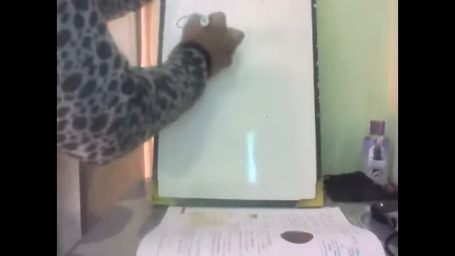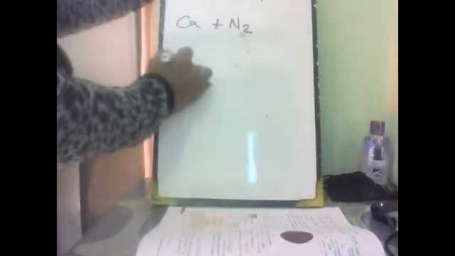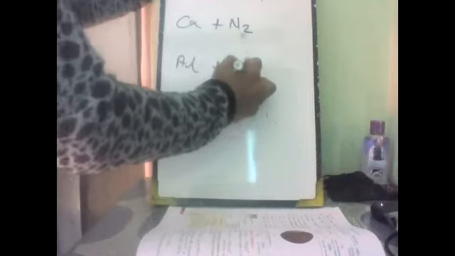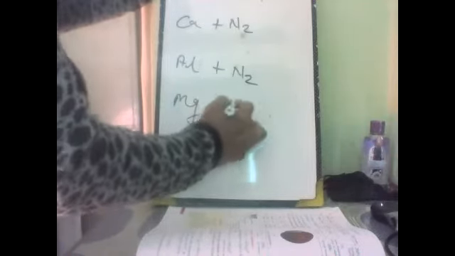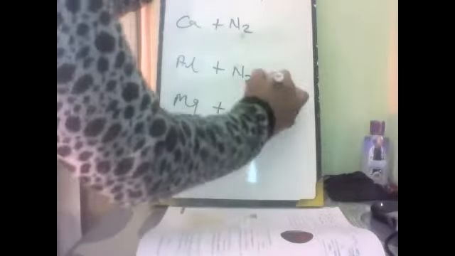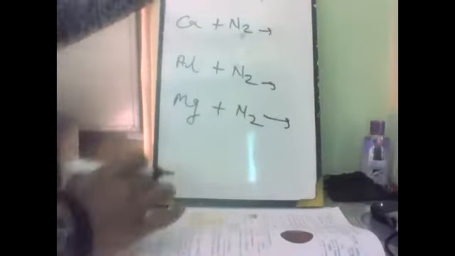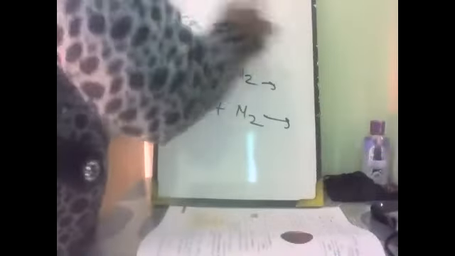It reacts with a few metals and non-metals, not all elements. Nitrogen reacts with only a few elements like calcium, aluminium, and magnesium, and they form nitrides. So tell me, what is the formula of calcium nitride?